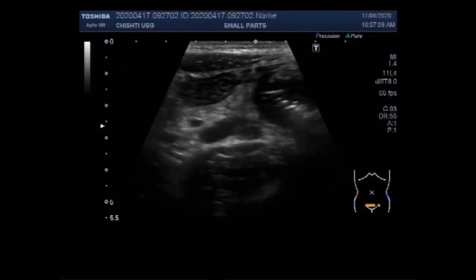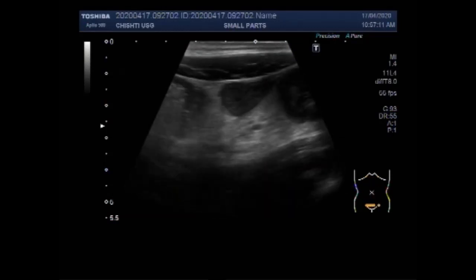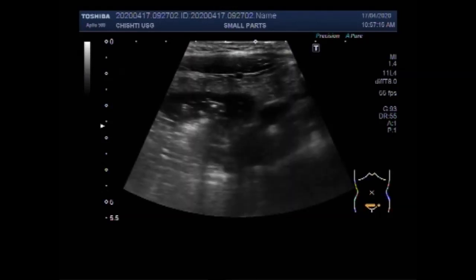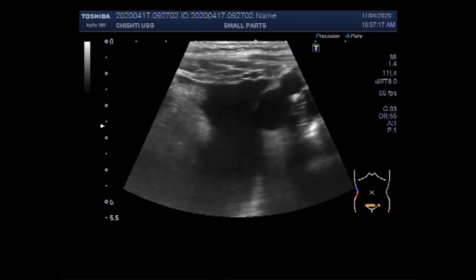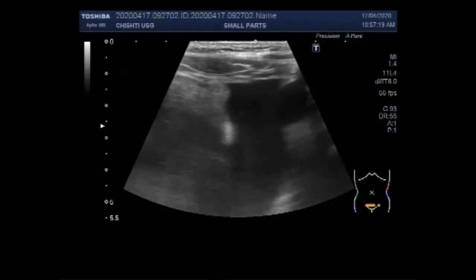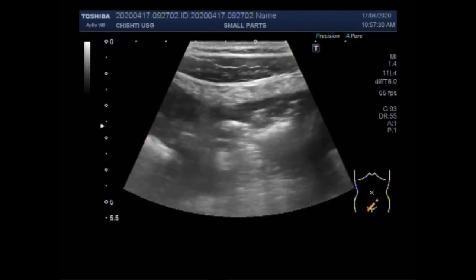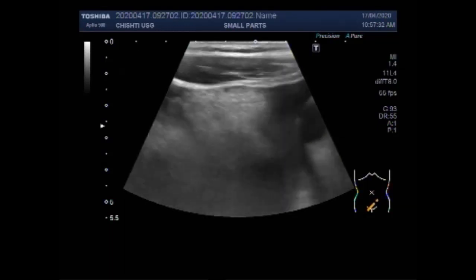Now you are going to see the lower abdominal cavity, the area above the urinary bladder, and you can see a significant amount of free fluid, thick free fluid seen.